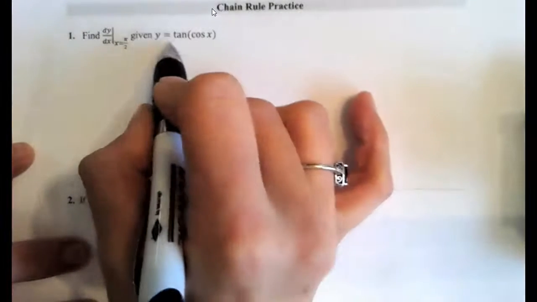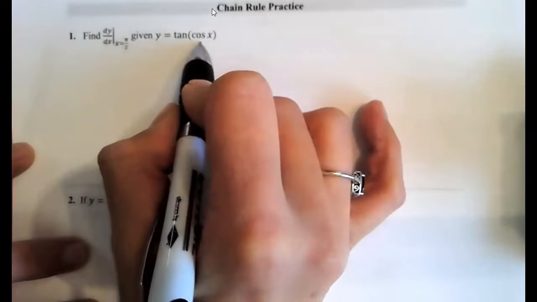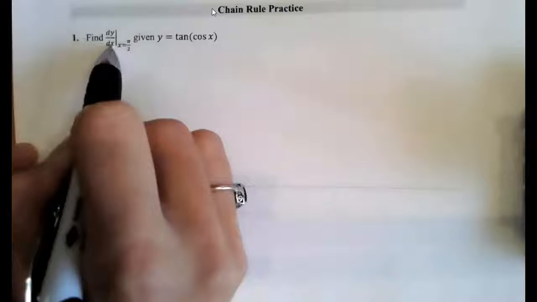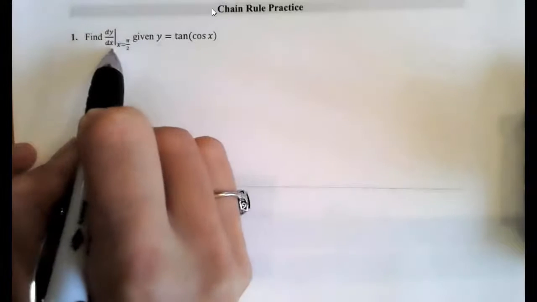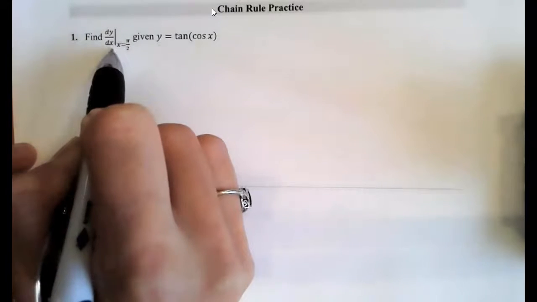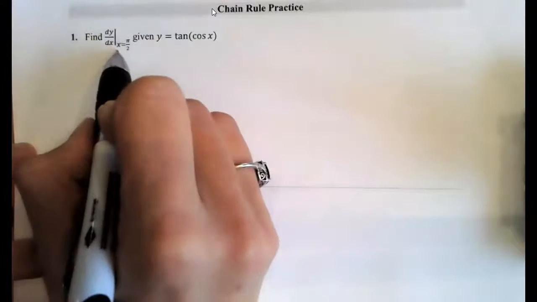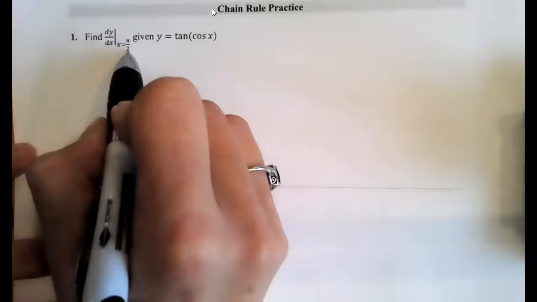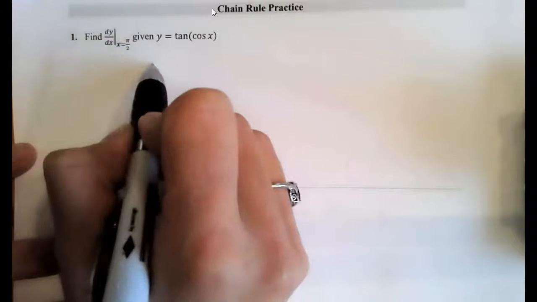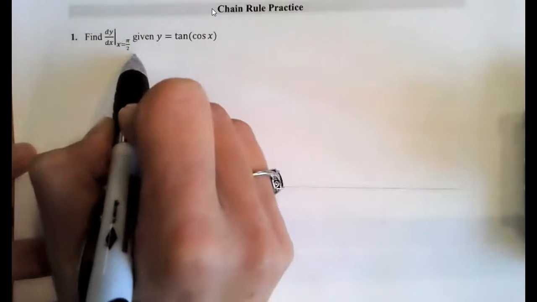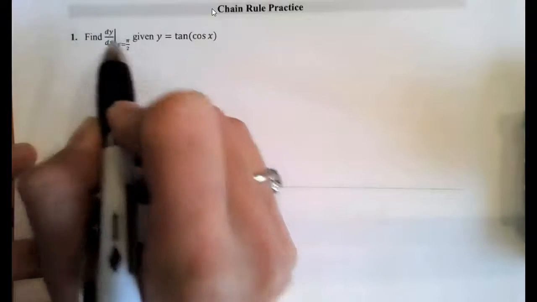So my function is y equals tan cosine x. dy dx is telling me to take the derivative with respect to x. So we're deriving y with respect to x. And x equal pi halves means to evaluate the derivative at pi halves for x when we are done.